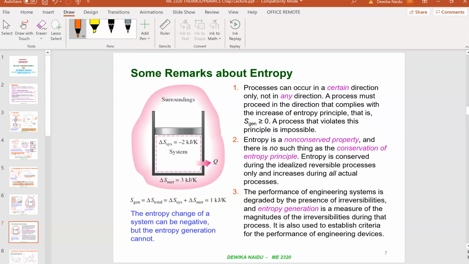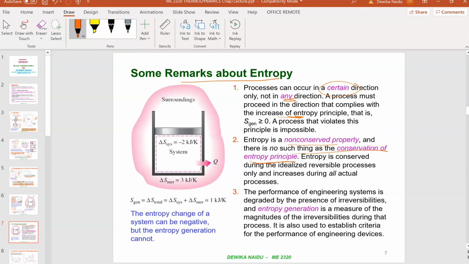Okay, there are some concluding remarks about entropy itself. Let's go through the remarks here. Processes can occur in only certain directions, not in any direction. A process must proceed in the direction that complies with the increase of entropy principle, because you cannot have negative Sgen, right? Entropy is a non-conserved property because it can be created. Remember what I told you? There's no such thing as the conservation of entropy principle.